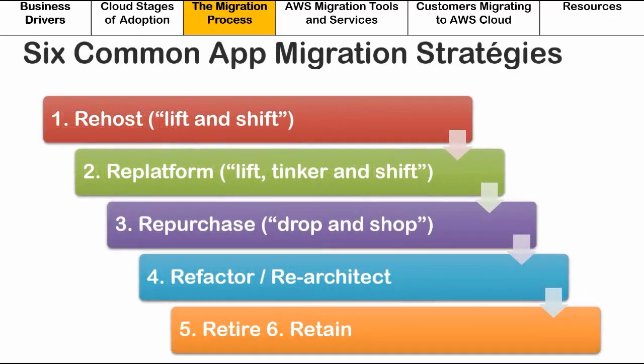Application migration strategies. There is a 6-step process, 6 different strategies. For example, let's say Kurela Cognitive Private Limited has some 100 applications. 10 of them may fit into the rehost, maybe 5 of them into the replatform, 25 may be repurchased into a PaaS model, maybe another 20 could be into the refactor or re-architect, and maybe the balance can be retired or retained.